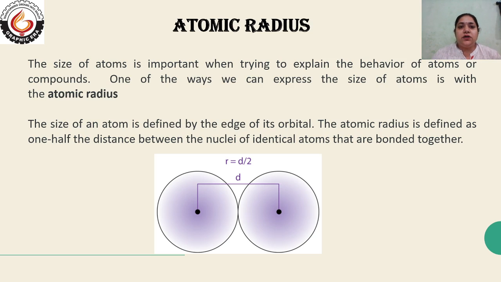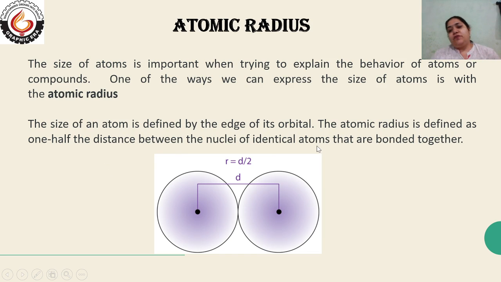And how is the size expressed? Because the electron is present in the form of a cloud, there are no defined boundaries. So generally the size of an atom is defined by the edge of its orbital, and the atomic radius is defined as one half the distance between the nuclei of identical atoms that are bonded together.